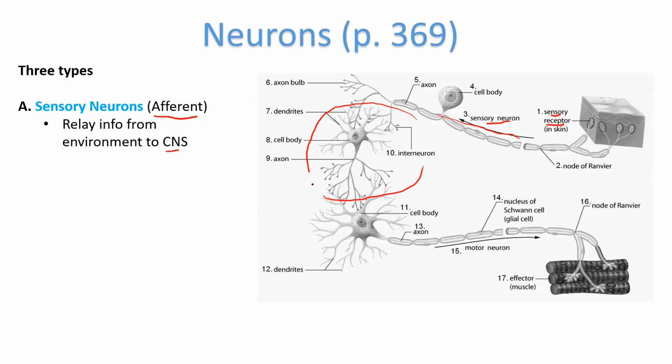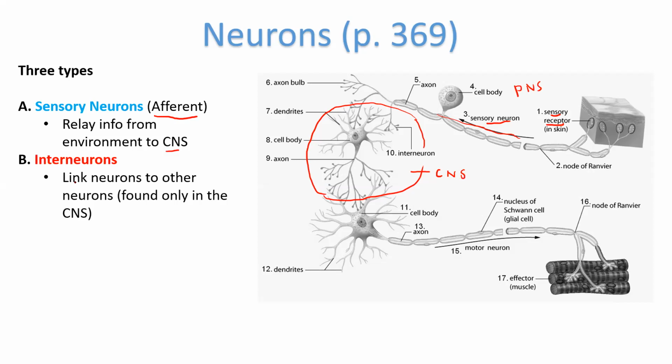Because they're in the spinal cord, this makes up your central nervous system. This is your peripheral nervous system. Interneurons link neurons to other neurons. They are in your central nervous system and your spinal cord. So the interneuron is in your spinal cord.